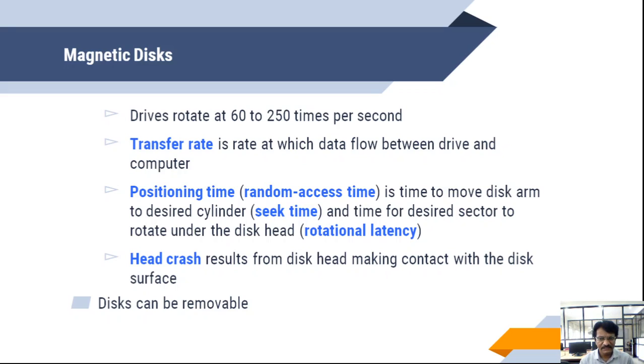A removable magnetic disk generally consists of one platter held in a plastic case to prevent damage while not in the disk drive. Earlier, floppy disks were used, which are very inexpensive removable magnetic disks, but their storage capacity was very small.